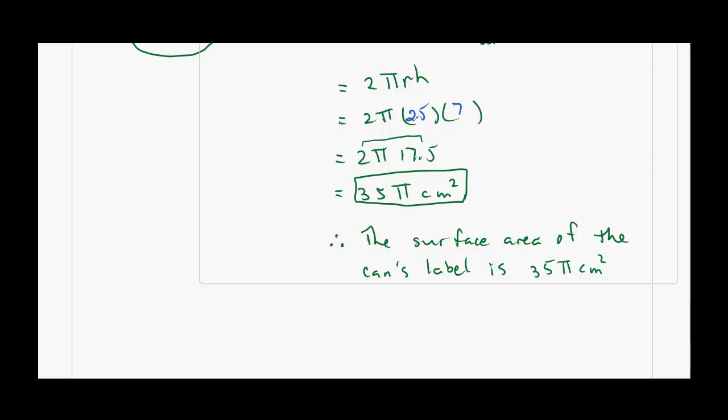Part B, we're prompted to round our answer to the nearest tenth or 1 decimal place. We then multiply 35 times pi using our calculators. We have 109.955 and so on, rounded to 1 decimal place.